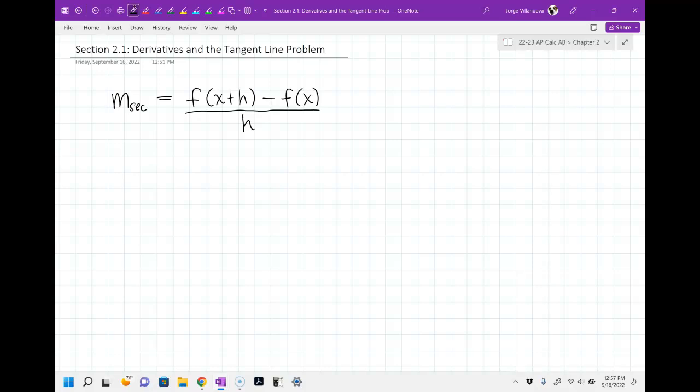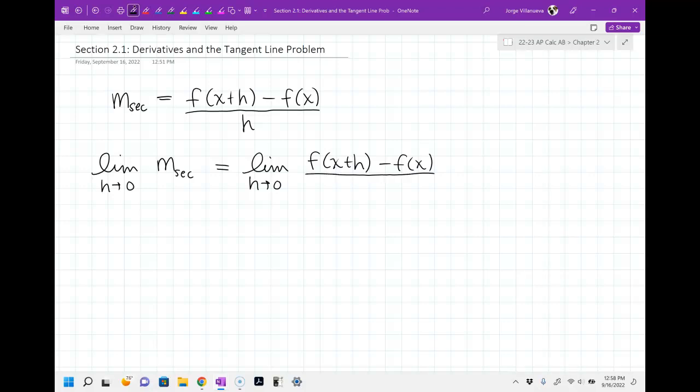And from there, they were able to say, yeah, we could theorize a tangent line if the distance between the 2 points is infinitely small, as it approaches 0. So they created a new equation. They said, we can take this limit as h approaches 0 of this secant slope: the limit as h approaches 0 of f of x plus h minus f of x over h.